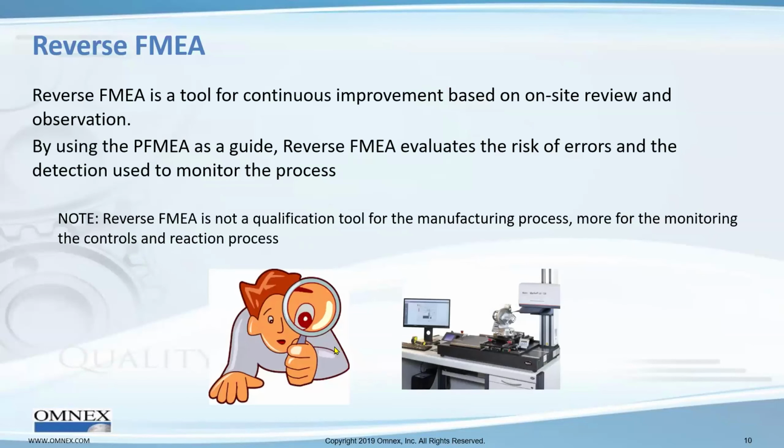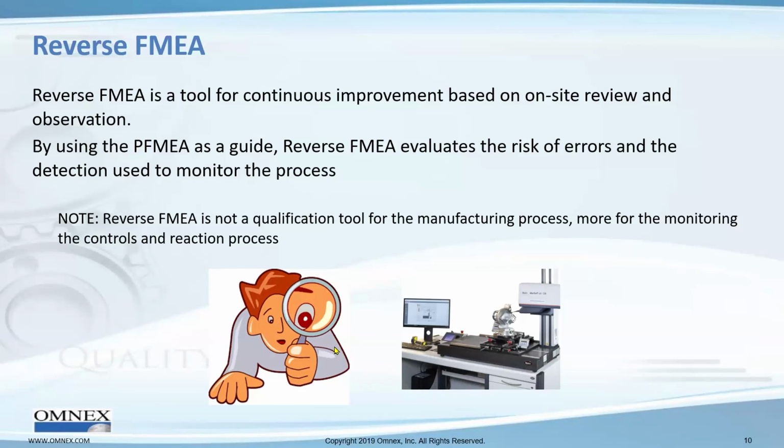So the reverse FMEA is a tool for continuous improvement, because as we do each of these reverse FMEAs on each operation, so if I had an operation that had 20 operations, op 10, op 20, op 30, but at the end I had 20 operations, it's going to take me 20 days.